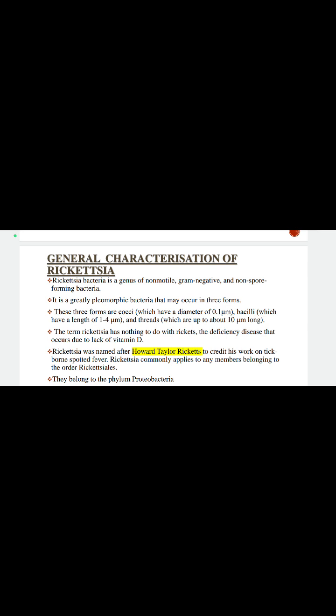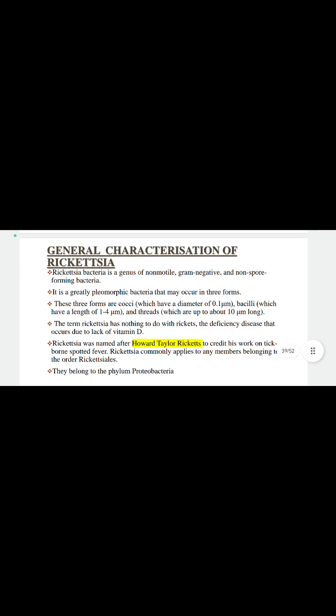The term Rickettsia has nothing to do with rickets, the deficiency disease that occurs due to lack of vitamin D. Rickettsia and rickets are entirely different.